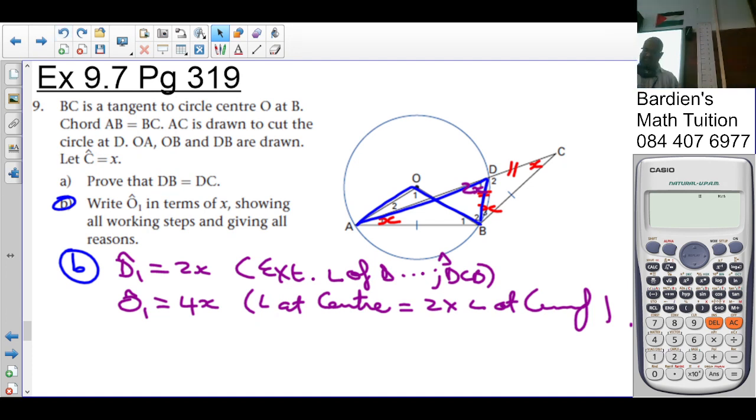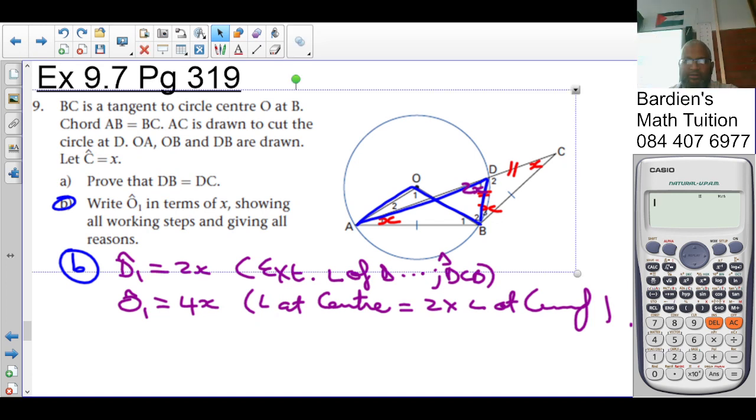Now that brings us to the next example. Were there any problems with the even numbers?